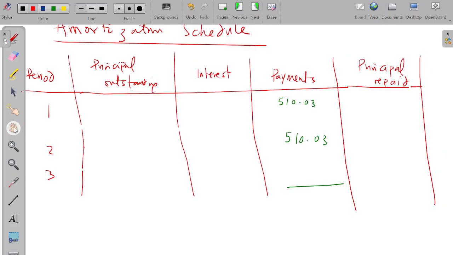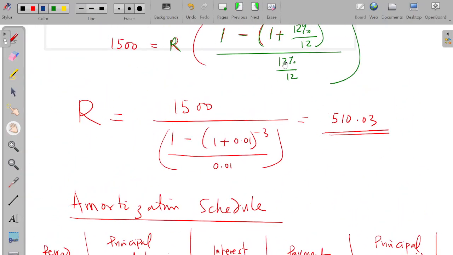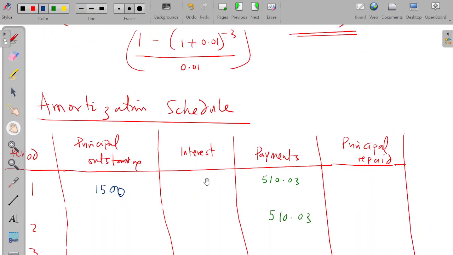We are starting with 1,500. Here we multiply our 1,500 by our rate. Don't forget our rate is divided by 12, so we multiply by 12% divided by 12, which is 0.01.